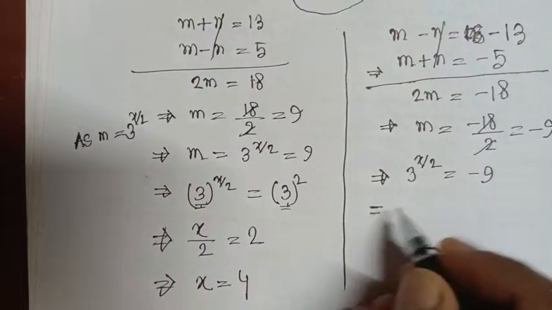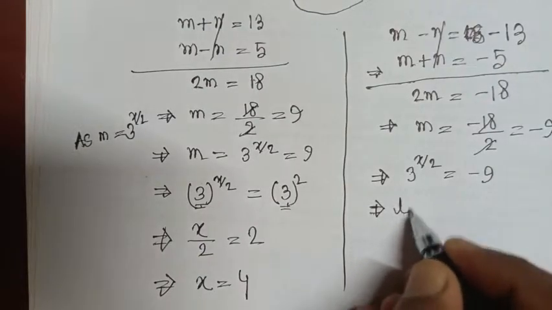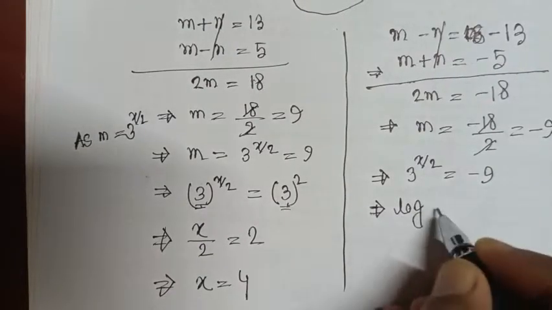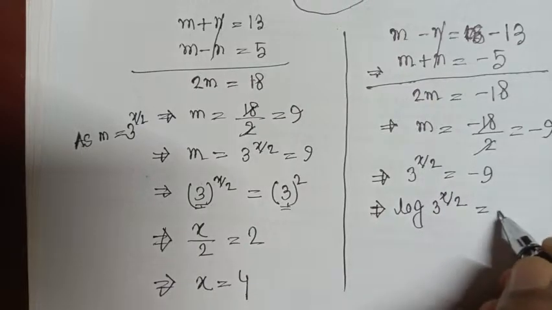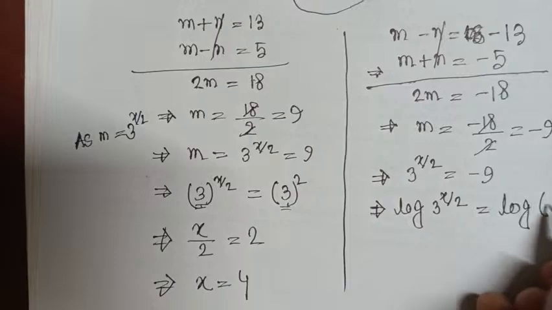Now we take log on both sides, that is log of 3 to the power x by 2 equals log of minus 9.